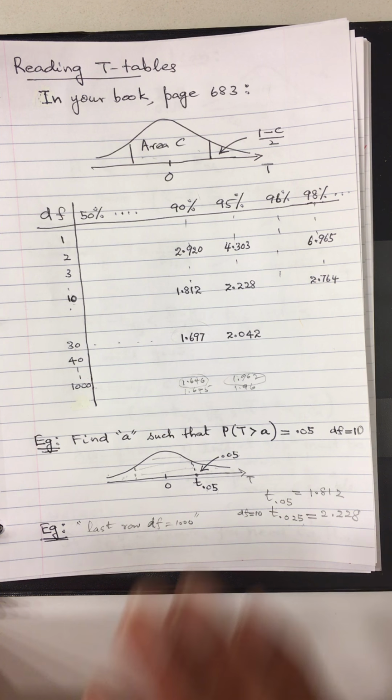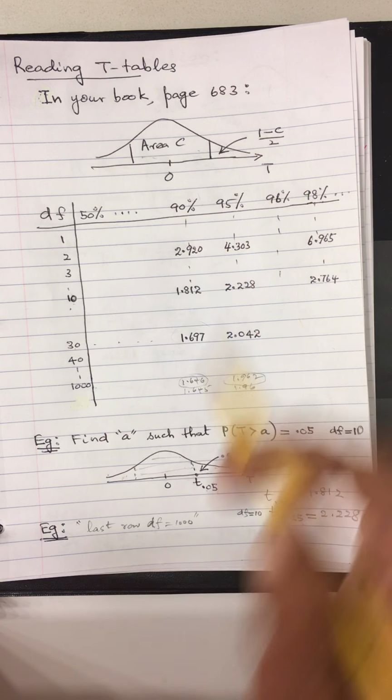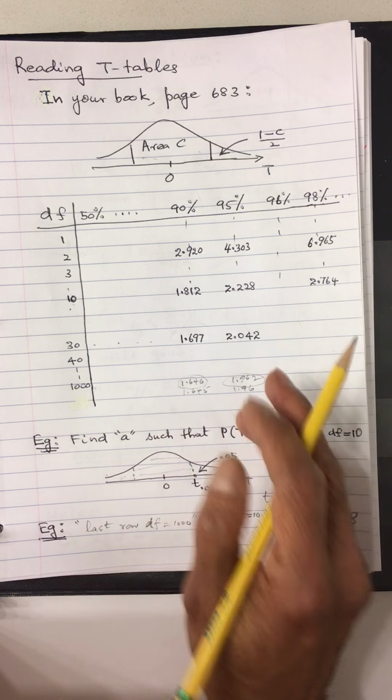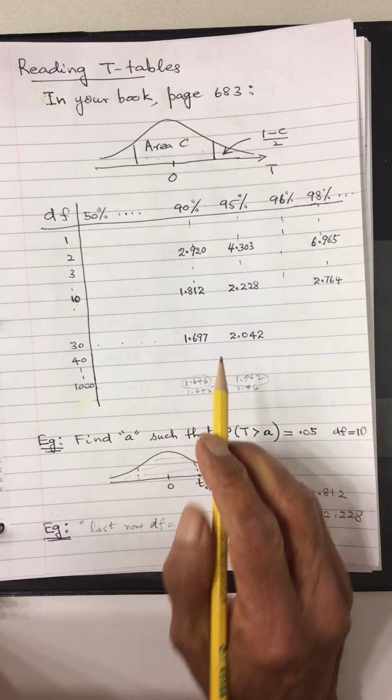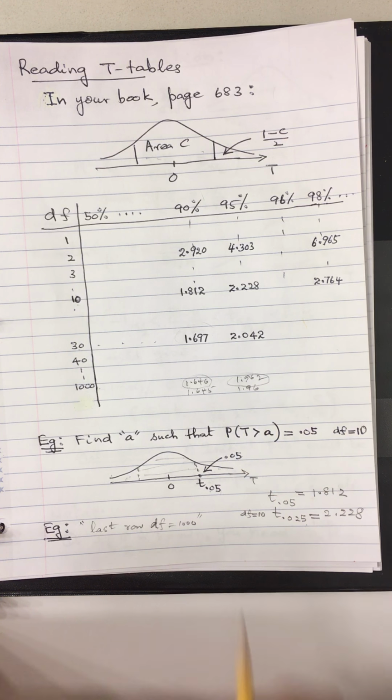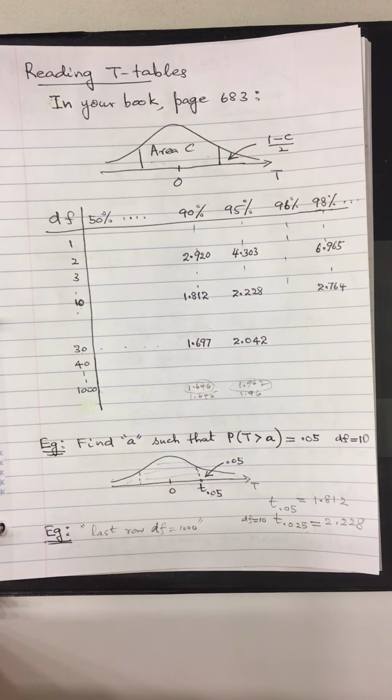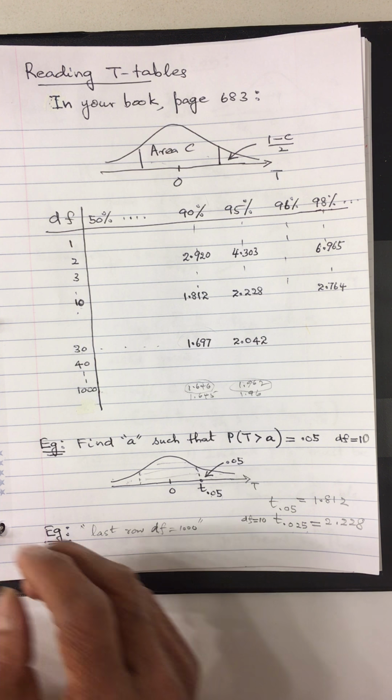Later, when I get the confidence interval in the next video, I will show you that that is the case. Anyway, so that's what it is. I will stop here, and in the next video I will show you how we are going to use this t table to construct the confidence intervals.